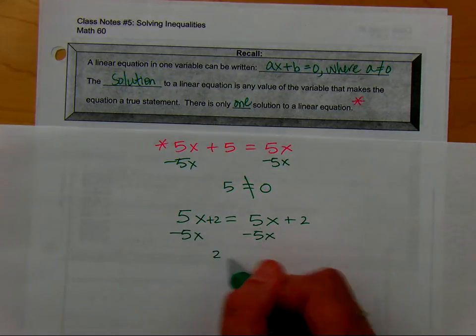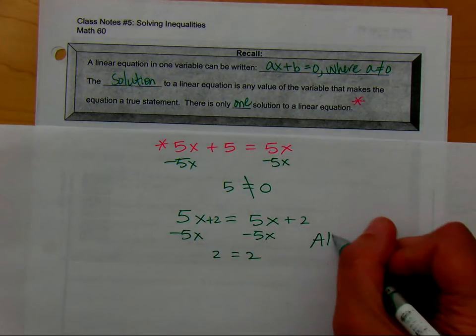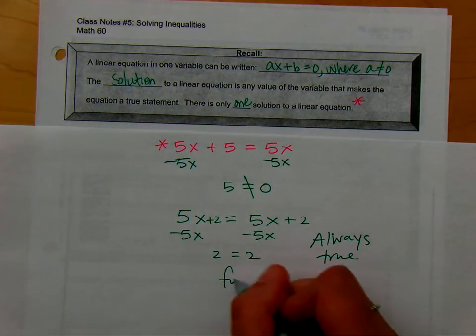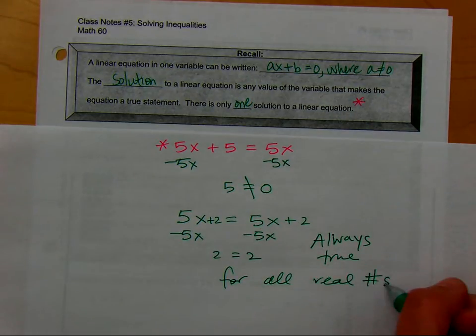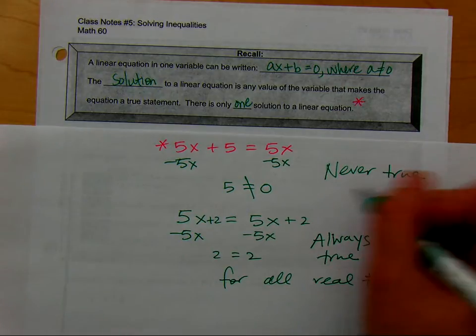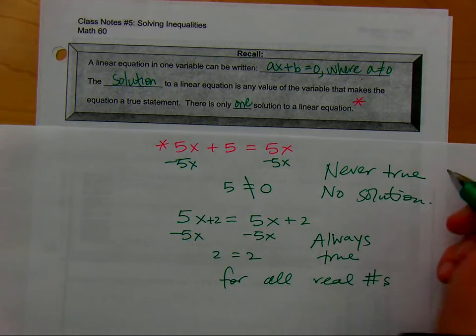I get 2 equals 2. Is 2 equal to 2? Yeah, so this one is always true for all real numbers. Okay, this one is never true, so we say there's no solution. These are two special cases.